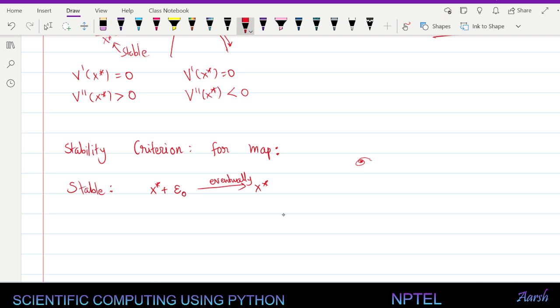Then you say that it's stable. So if the arrow is going into the fixed point, well, if you start from somewhere around and you just go to infinity, and you don't reach x star, then you say that this is unstable.